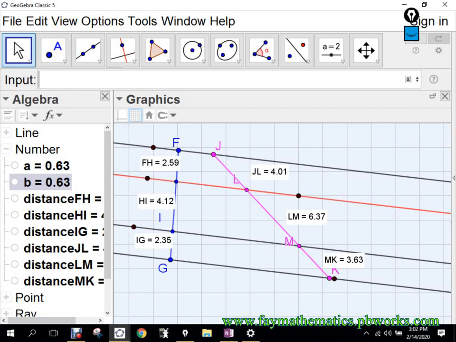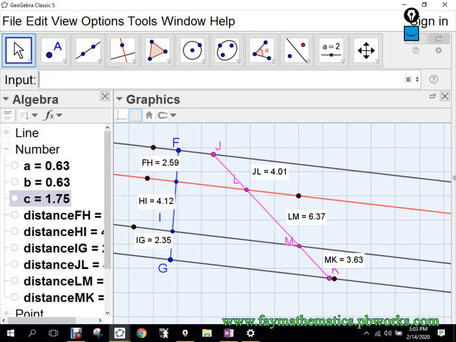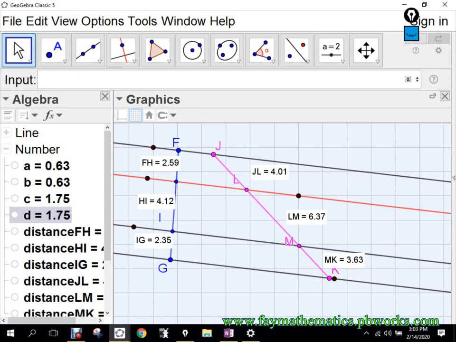Let's go HI to IG. HI to IG gives me 1.75. Let's go LM to MK. 1.75 again. Does that make sense? Same ratio.